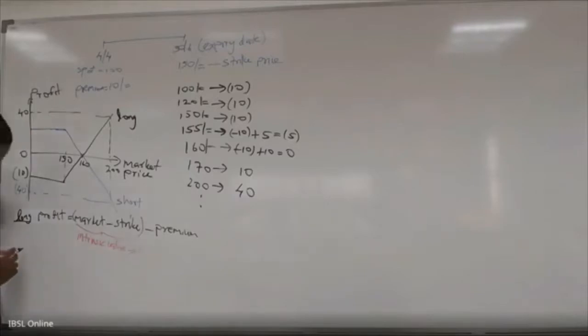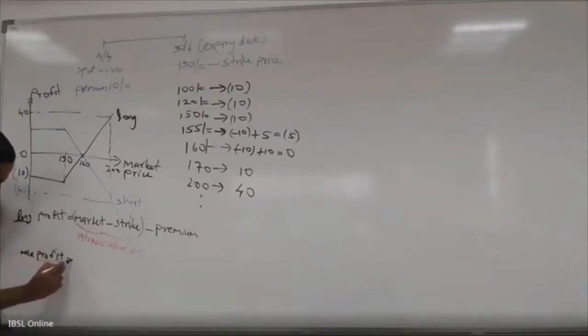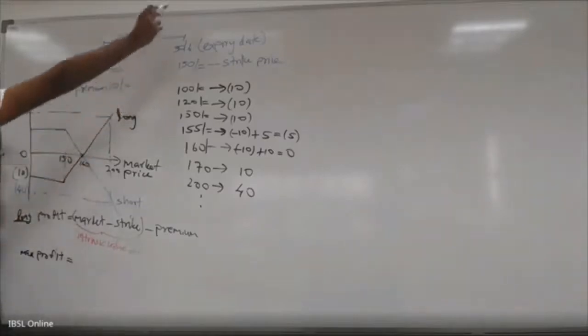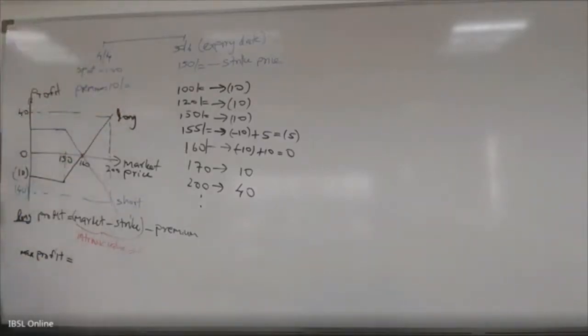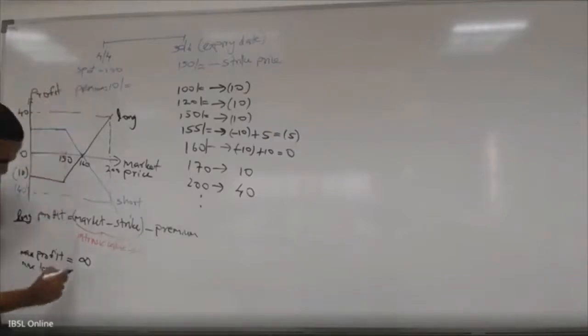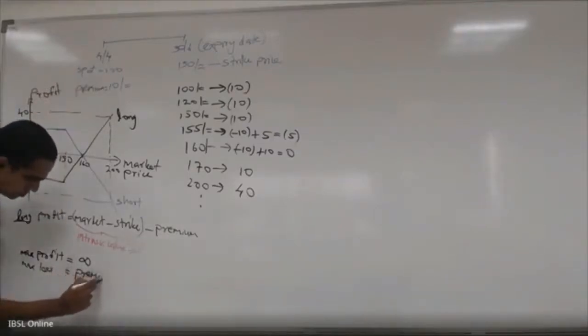If you're long, your maximum profit can be infinite, because the price of a mango in the market can technically go to infinity. Your maximum loss, if you're long, is in this case 10, which is the premium.